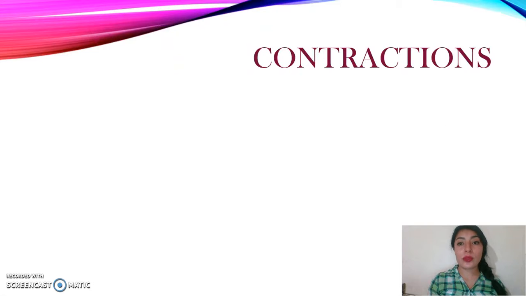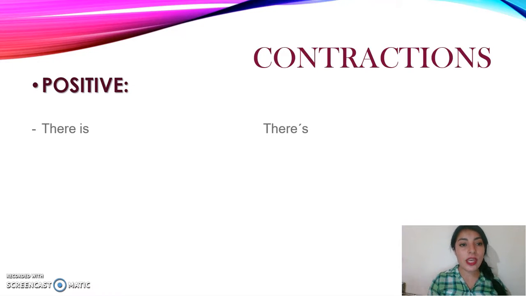We're going to continue with contractions. We use contractions to talk more naturally, in speaking and in informal situations. So we're going to start with positive contractions: there is can be contracted as there's.